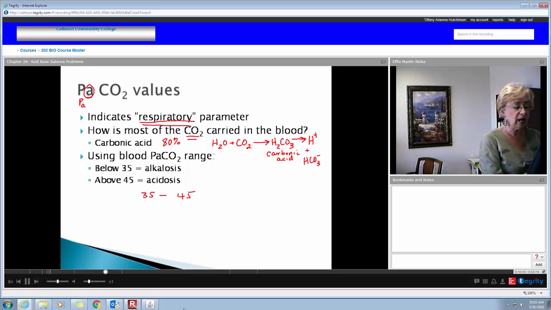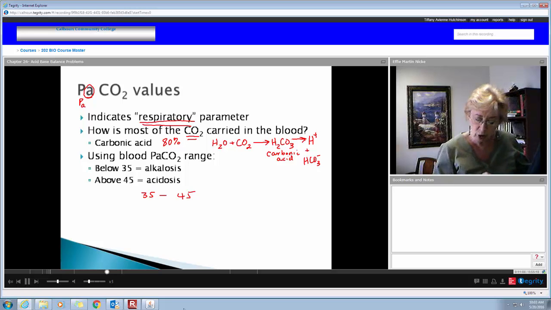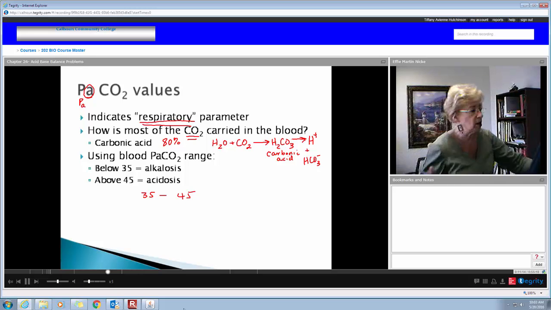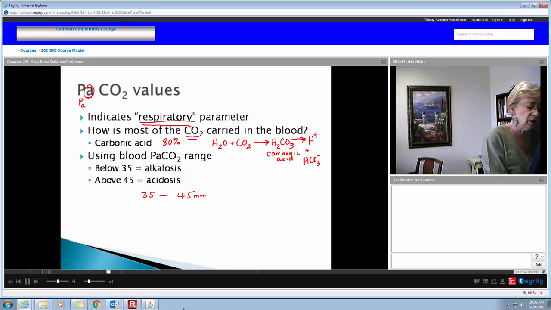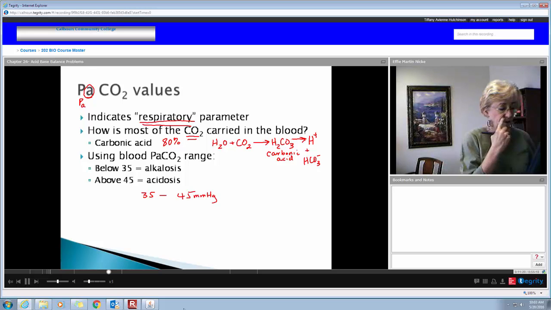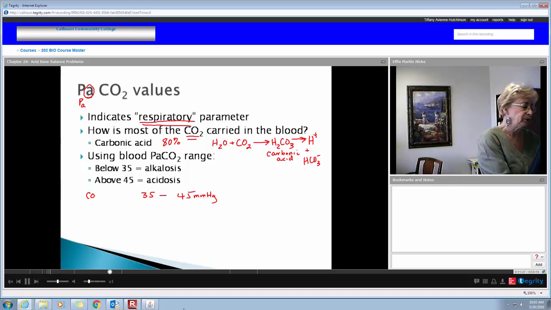So 35 to 45 is a measure of the CO2 levels. Make sure that you remember that this is millimeters of mercury. This is a pressure measurement.